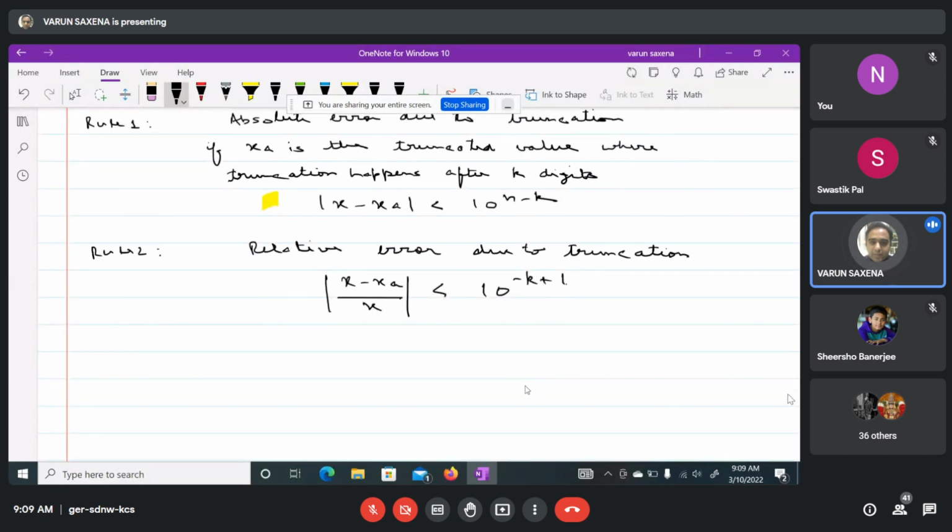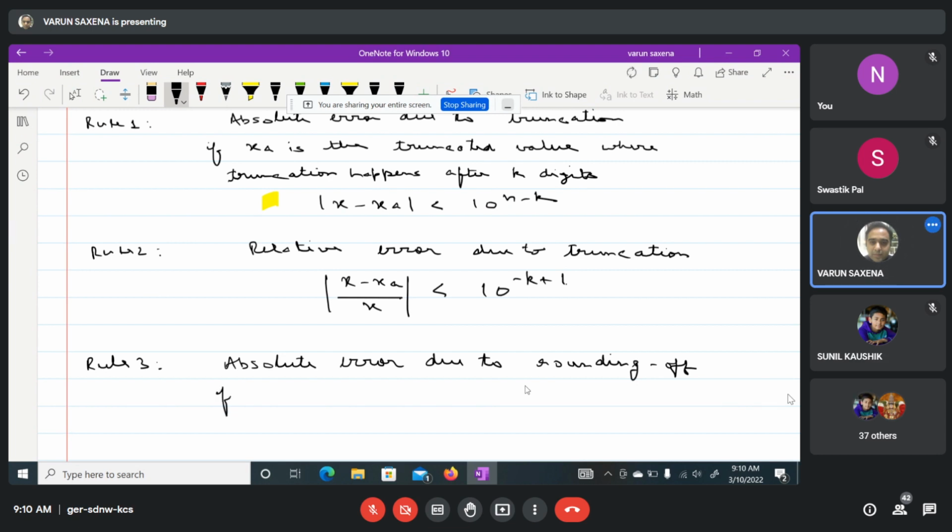Then comes rule 3, which is absolute error due to rounding off. Again we are rounding off to k digits.